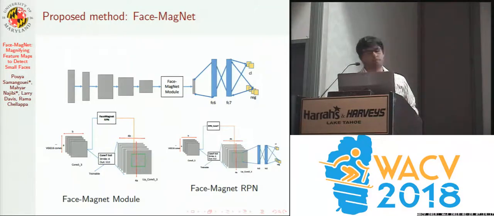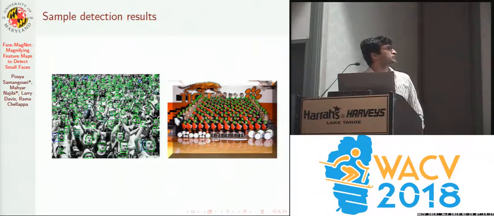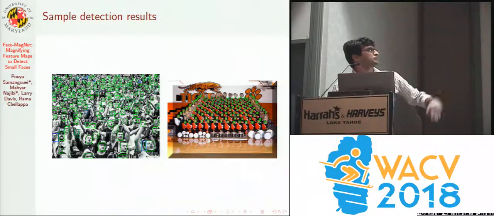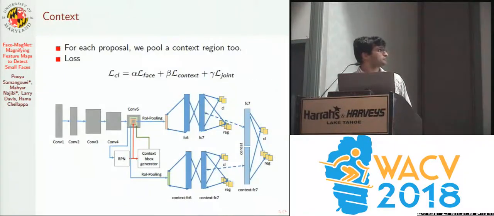This is our proposed method. You don't need any more design decisions than the ones you have for the Faster-RCNN network. And this is a sample detection result. You can see the size of the faces that our method can detect.